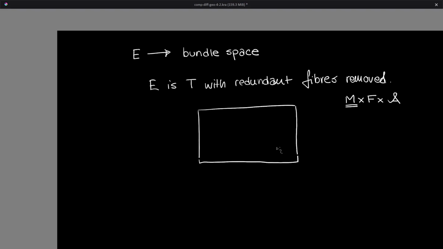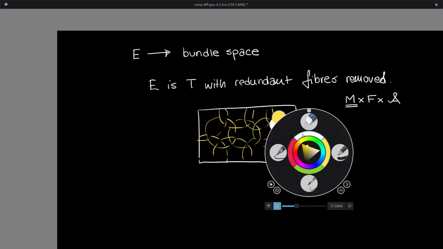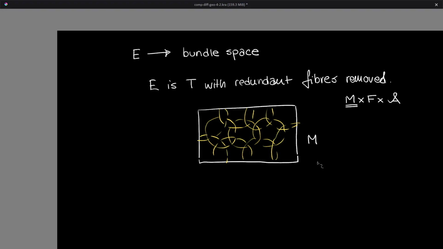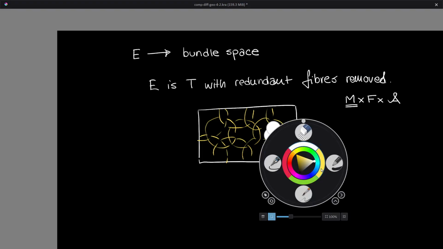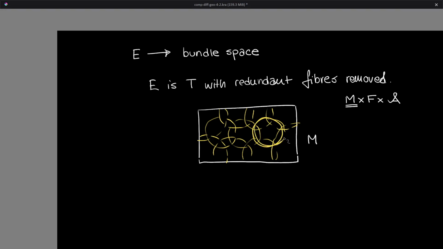So on M, we have all of these open sets. I'm going to draw them like circles. Let me just quickly make the point that all of these together cover M. So this rectangle is what's supposed to represent M. And so let's say that we zero in on one of these.